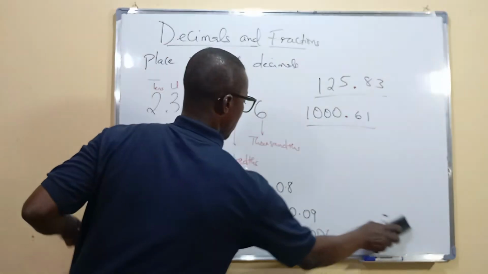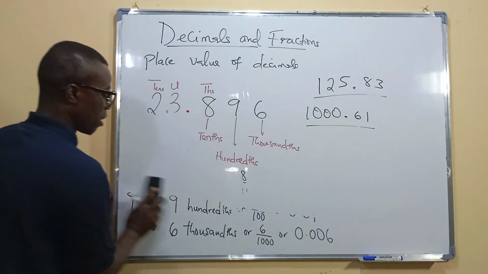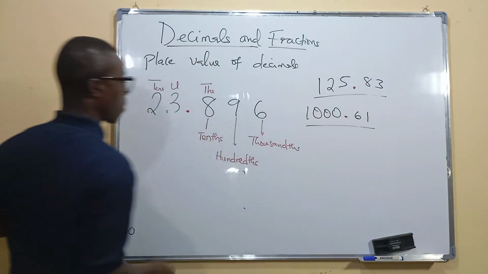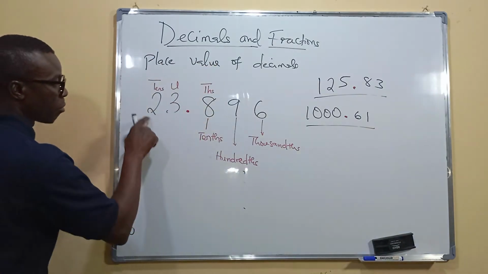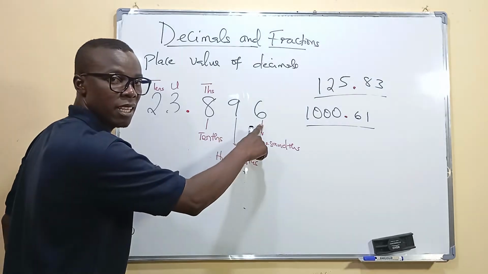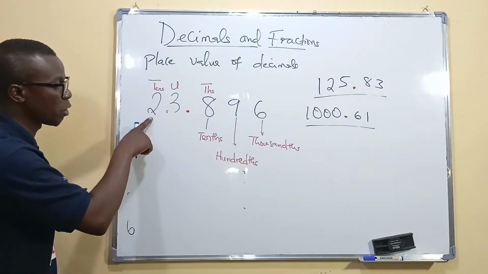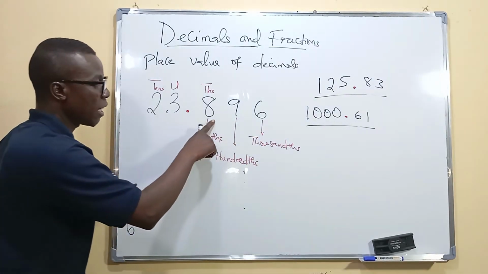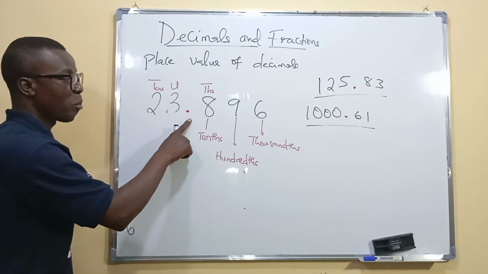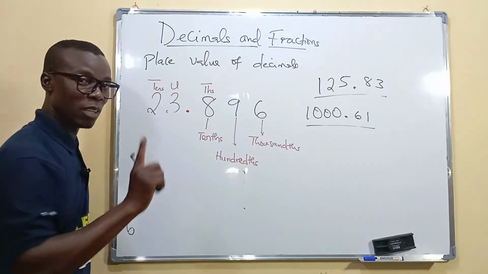So what am I simply saying? We can call this number this way. We can say 23 point 8 9 6. That's how we call out this number, not 23 point eight hundred and ninety-six. That will be wrong.